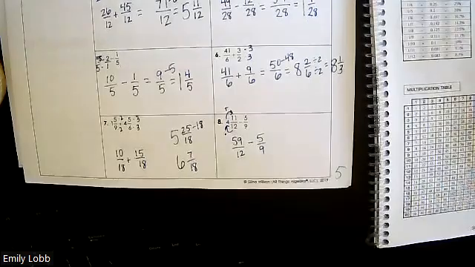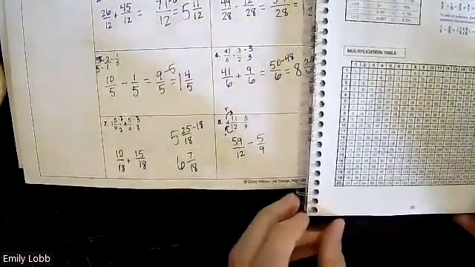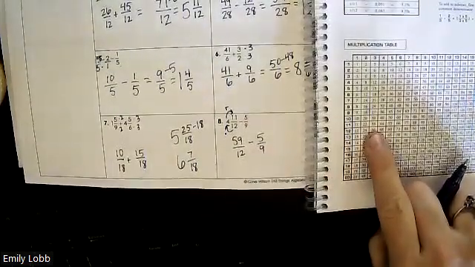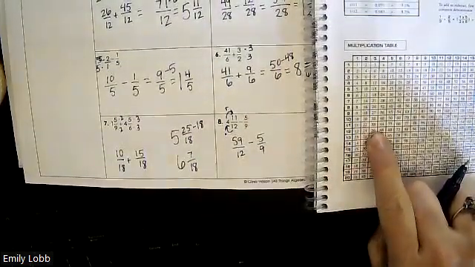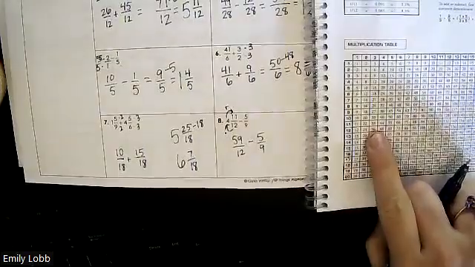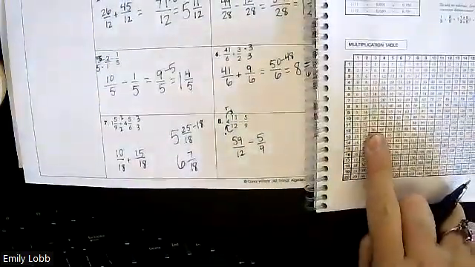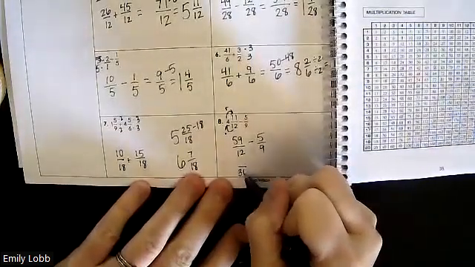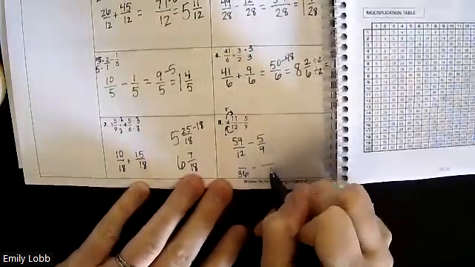It definitely helps to know your multiplication facts, right? 12, 24, 36. I know 36, 3 and 6 add to 9, so that's a multiple of 9. So 36 is what we're changing them to.